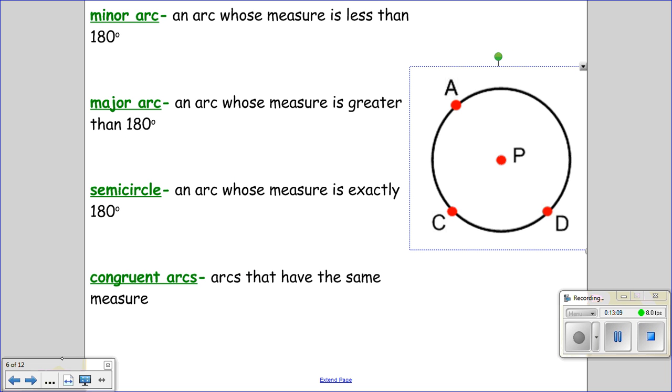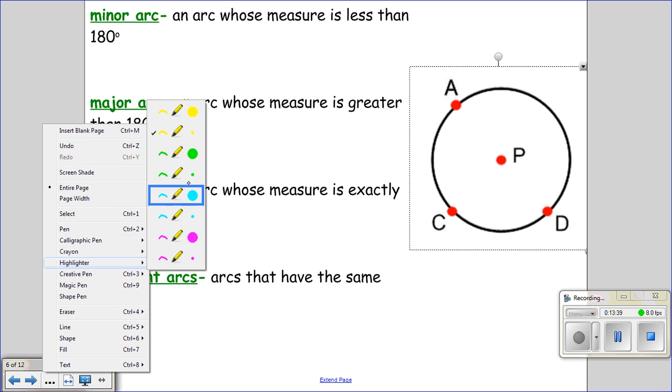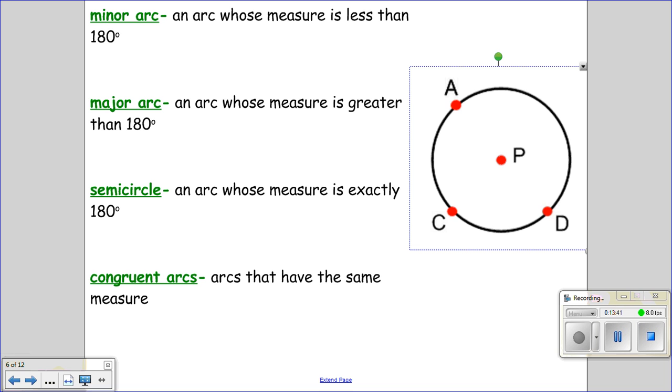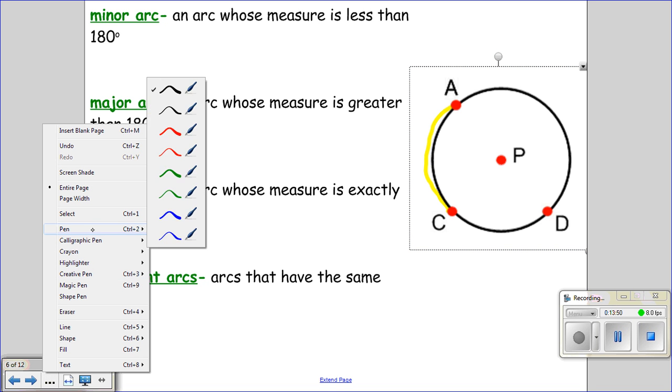A minor arc is an arc whose measure is less than 180 degrees. A major arc is an arc whose measure is greater than 180 degrees. A semicircle is an arc whose measure is exactly 180 degrees. So if I look at my picture on the right, I could say that arc AC is a minor arc because it appears to be less than 180 degrees.